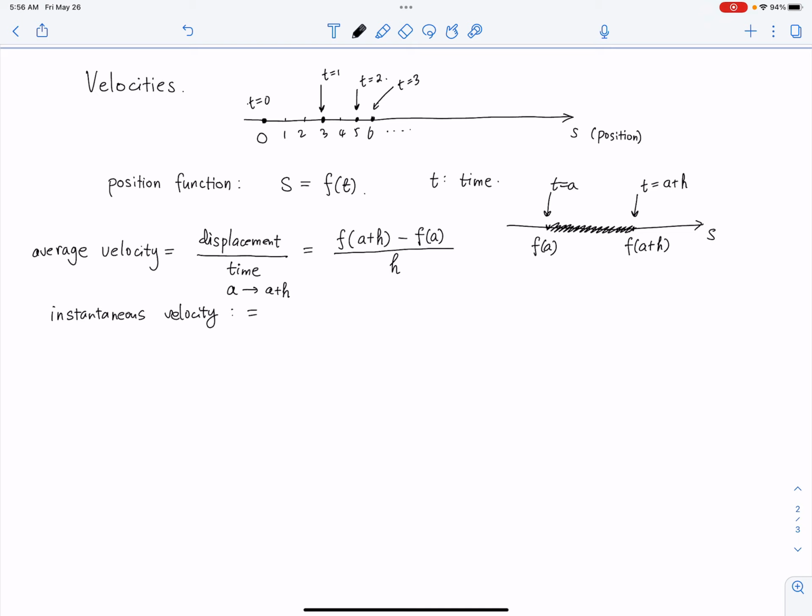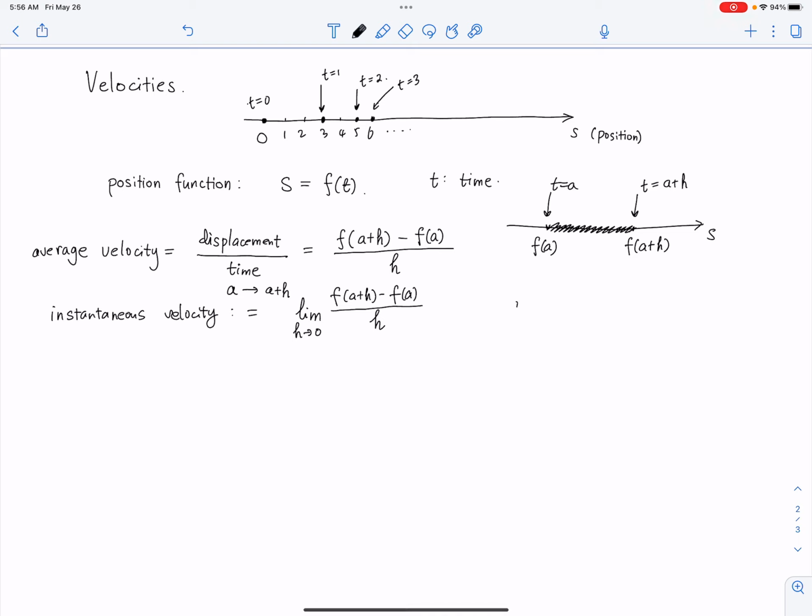And for instantaneous velocity, it's the limit of that, as h goes to 0. In other words, you want to look at two time points which are very close.